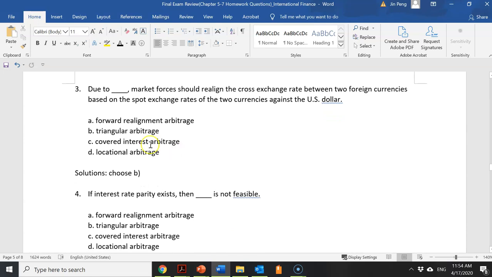Question 3. Another definition. Due to triangular arbitrage, market forces should realign the cross-exchange rate between two foreign currencies, based on the spot exchange rates of the two currencies against the US dollar. Okay, so it's triangular arbitrage.